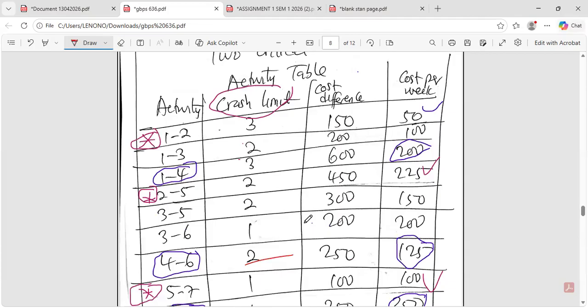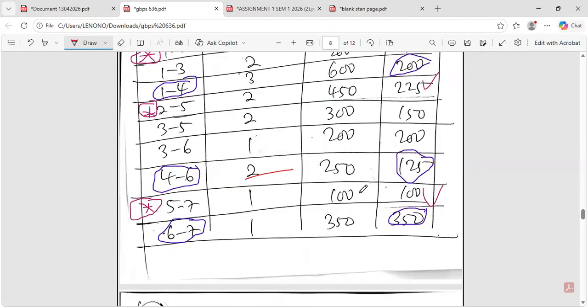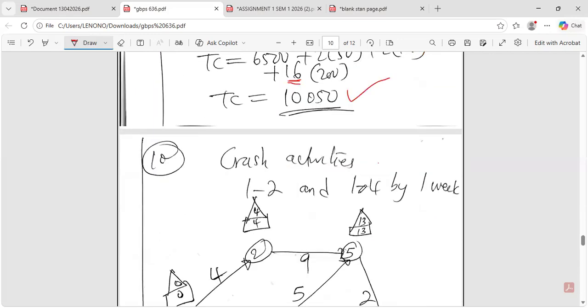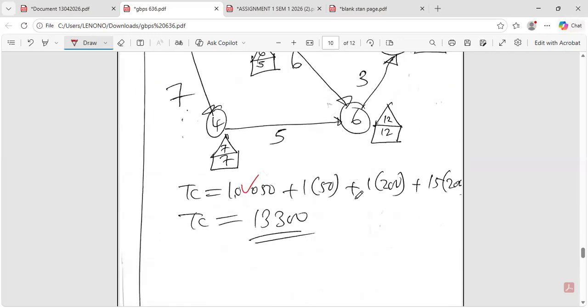So if you're crashing by 1 week, you multiply the cost per week by the crash limit, by how much you are crashing by. If you are crashing 1 to 4 by 3, you multiply 200 by 3. If you are crashing by 1, multiply 200 by 1. So this is how we got 13,300.